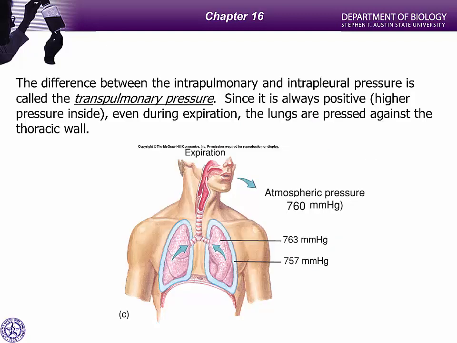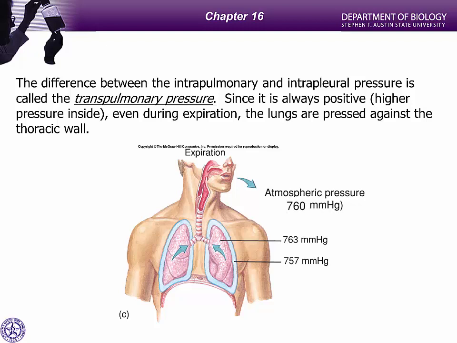Here we're with expiration. As our volume decreases, now we're slightly above at 763 millimeters of mercury in our intrapulmonary pressure, higher than we see in atmospheric, so air is pushed out. Yet, once again, our intrapleural pressure is lower, and even when we exhale, our lungs are still pressed against the body wall.